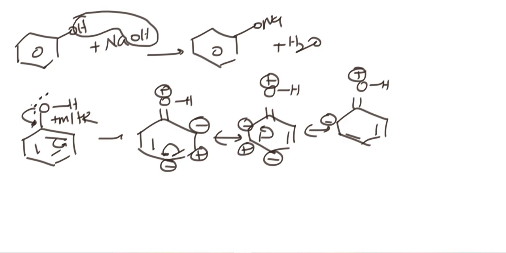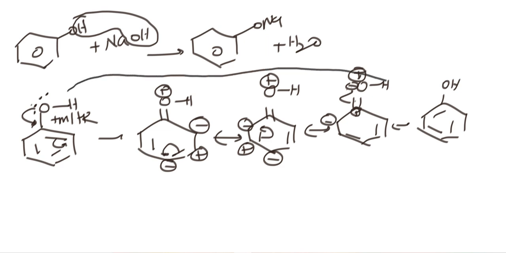Then you observe the bond once again; positive and negative make it neutral, and you get back phenol. Observe the double bond positions, 1, 2, 3, 4, 5, 6, whether they keep changing or not. That means because of this OH group, it gets resonating structures.